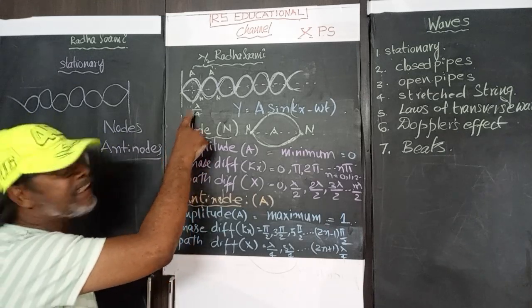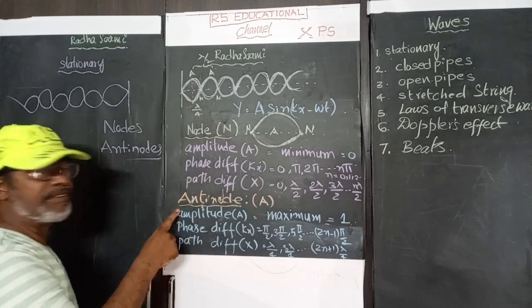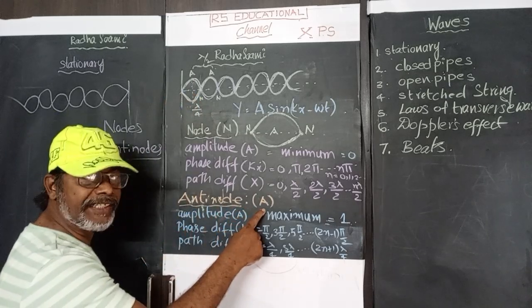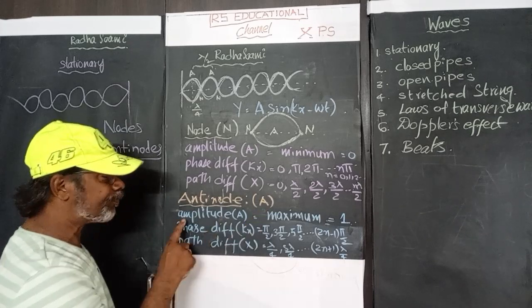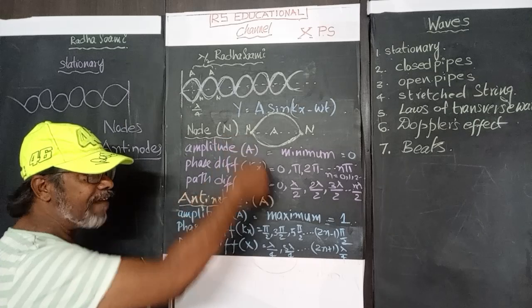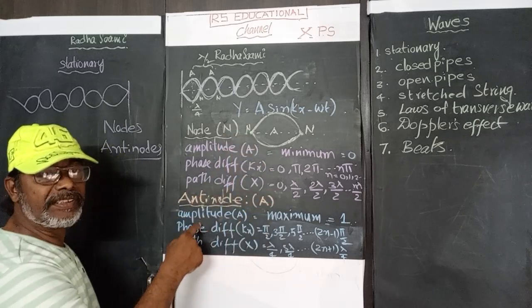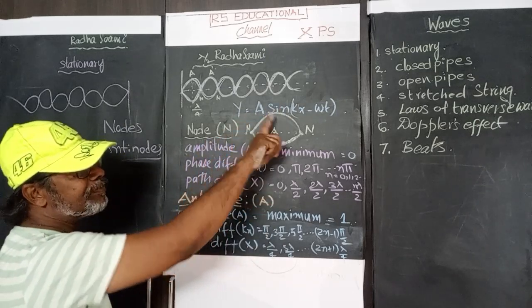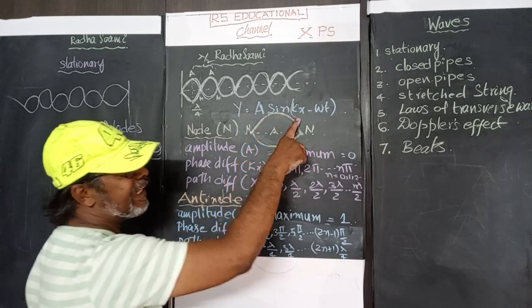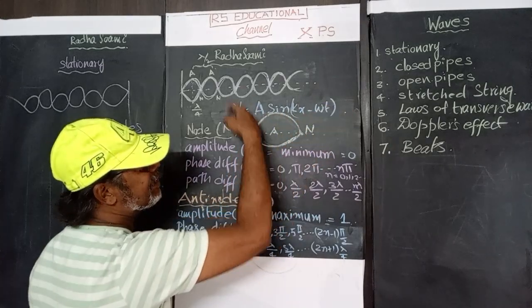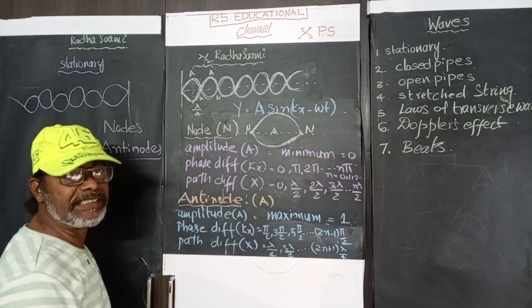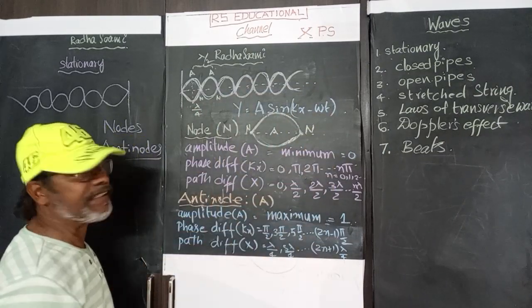If you observe the characteristics of antinodes, okay, an antinode is generally denoted by A. Its amplitude has a maximum value. Here y is equal to A sin(kx - omega t). This is called the displacement of the particle.